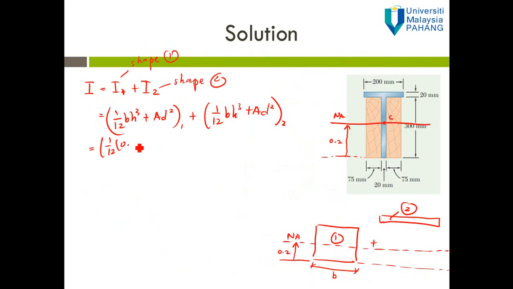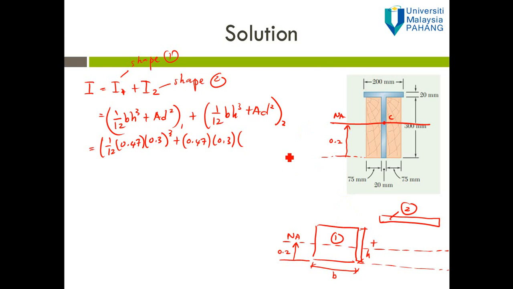0.47, and then H is 0.3, to the power of 3, plus the area, 0.47 times 0.3, and then D. What is the D?